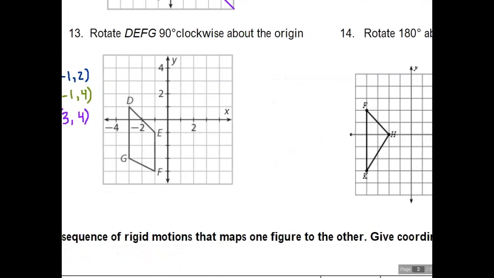Okay. So now we got 90 degrees clockwise. So if we're going clockwise, right, that's going from basically quadrant 3 to quadrant 4. That's the same thing as going all the way around counterclockwise 270 degrees. So it's really important to catch that it says clockwise, not counterclockwise.